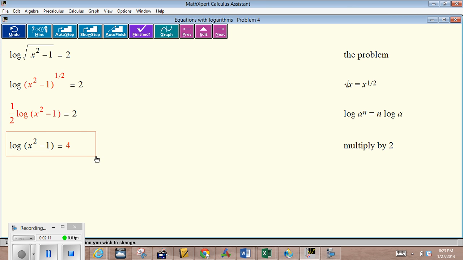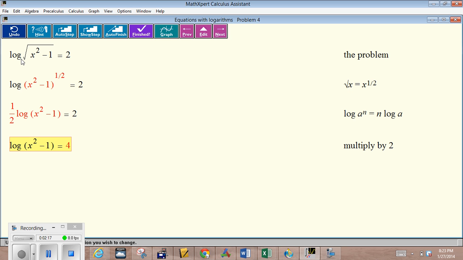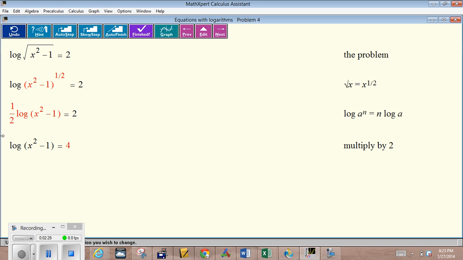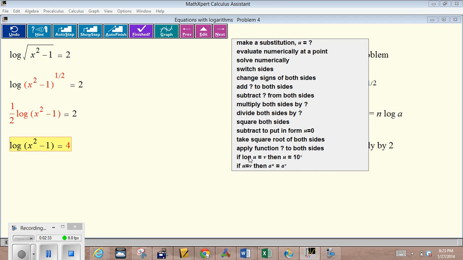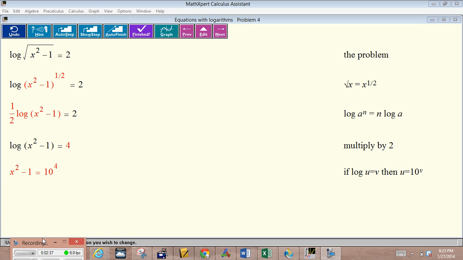So notice, rather than going directly to changing the form up here, I saw that I could work with some of the properties of logarithms and delay that. Now I'm converting that over. 10 to the 4th, of course, is 10,000.